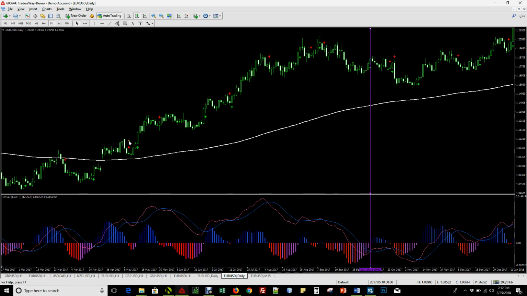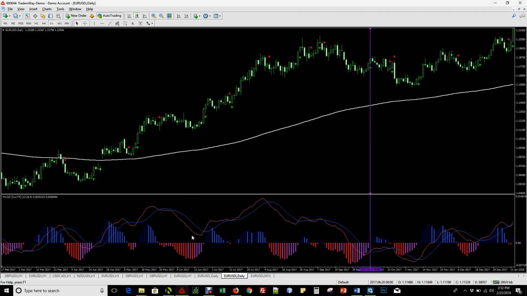These three indicators together, along with looking at the candles for when the trade sets up, will determine your entry.